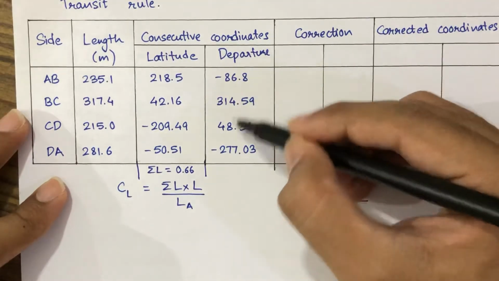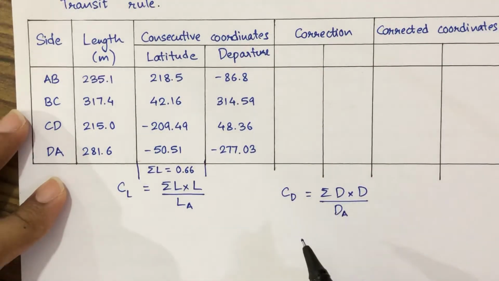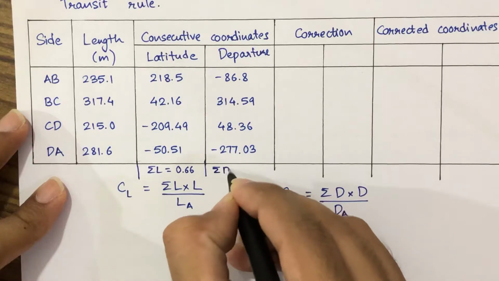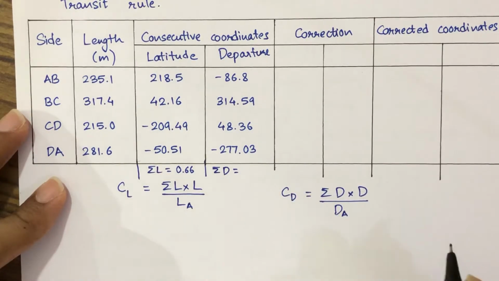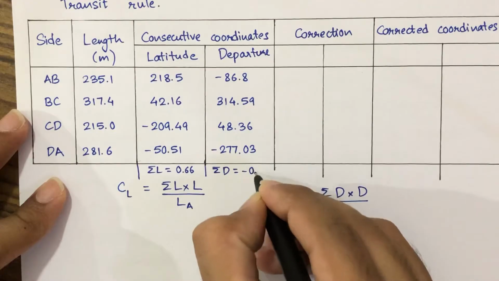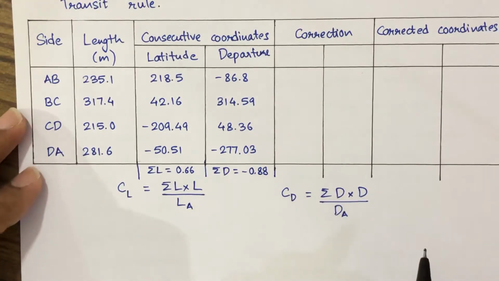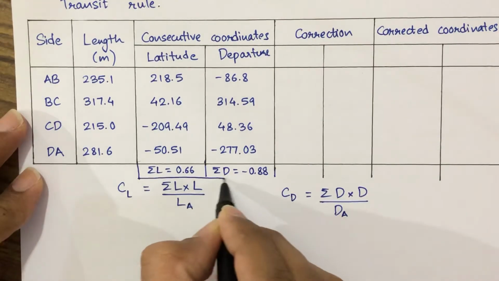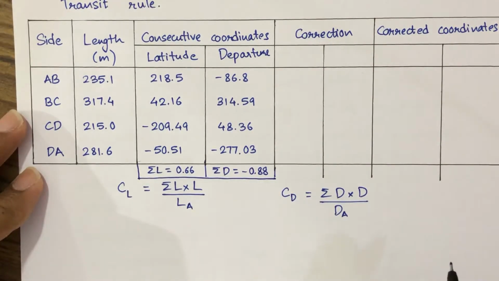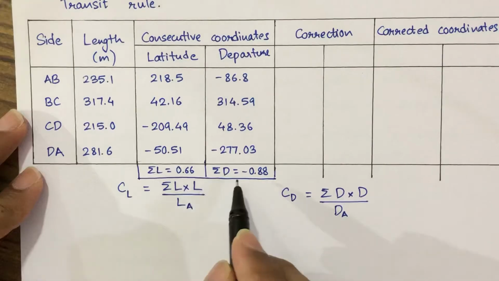And the total error in departure, summation capital D, comes out to minus 0.88.